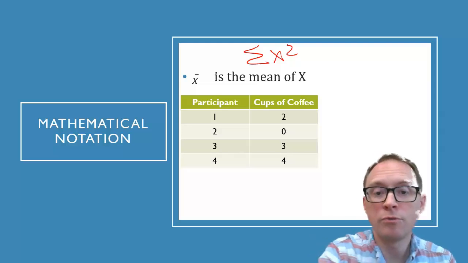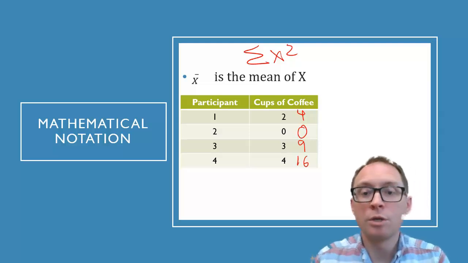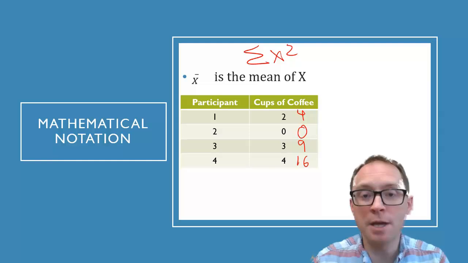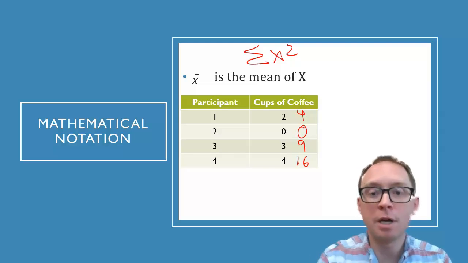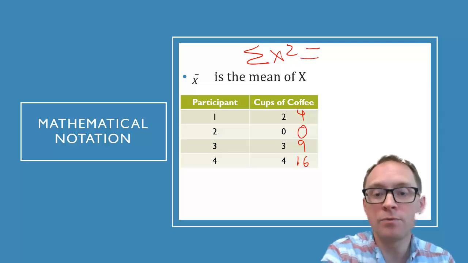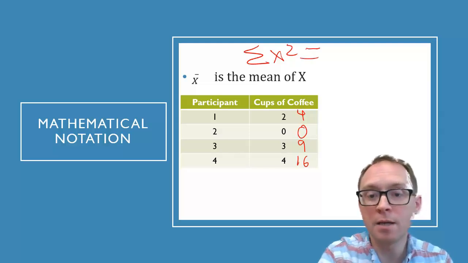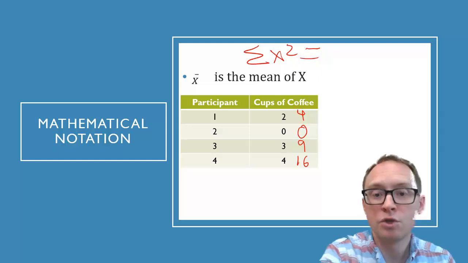So first we square: 2 squared is 4. 0 squared is 0. 3 squared is 9. 4 squared is 16. We square them first and then we sum them because order of operations. So the sum of x squared equals 4 plus 0 plus 9 plus 16, and that is 29.